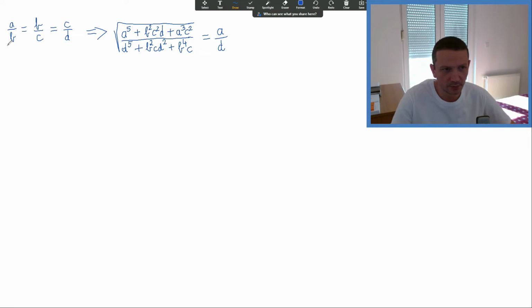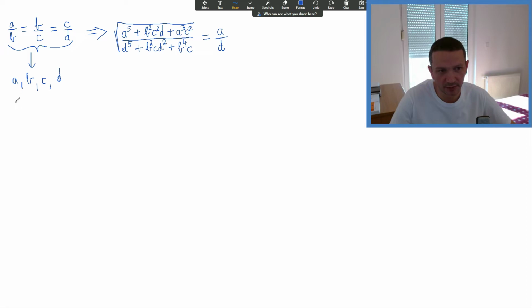So from this given condition we are going to conclude that four numbers A, B, C, and D are actually forming a geometric sequence.